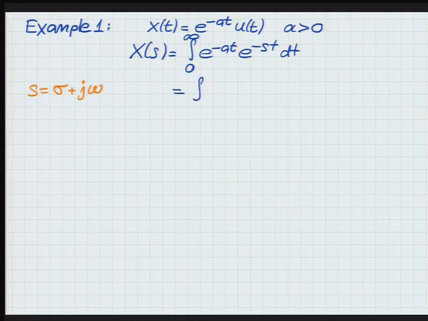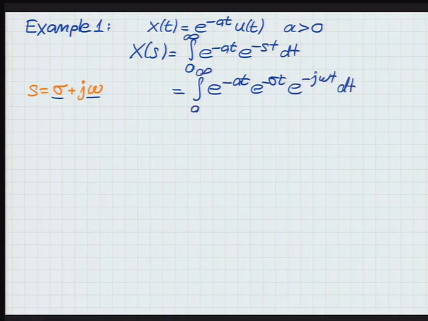So I'm going to substitute in place of s the real part plus j times omega. So I'm going to get e to the negative at, e to the negative sigma t, and e to the negative j omega t dt, from 0 to infinity. I'm writing it in this form by splitting s into its real and imaginary parts, because that way it looks like the Fourier transform.